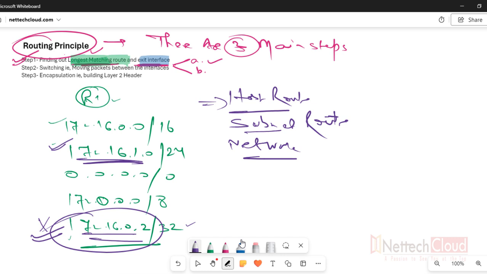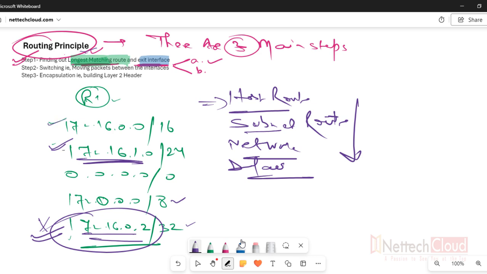If networks are aggregated, like here we have /8 or something, then that network is a supernet, right? And then finally the default route. So path selection or routing table lookup is done based on the longest matching route, like how many bits of the destination IP exactly match with the route.